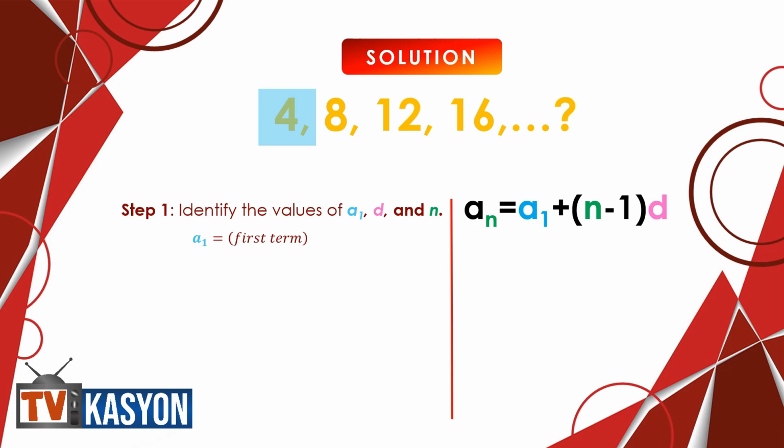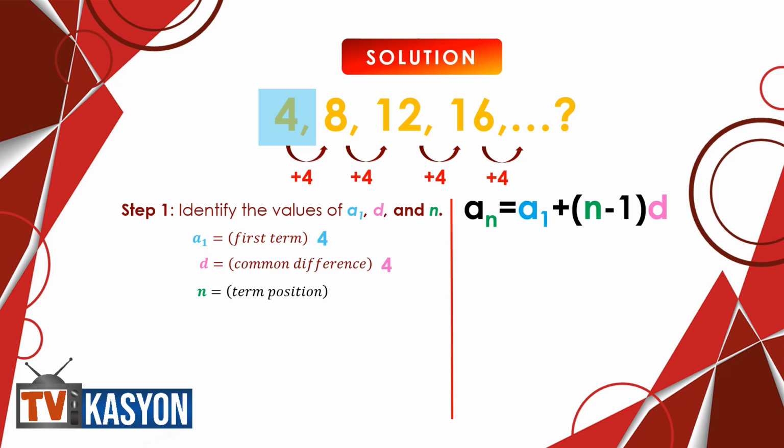And from the given, we can easily read it off, and that is 4. d denotes the common difference, which is the constant amount of change between numbers in an arithmetic sequence. Looking at the given, we can say that from 4, we need to add 4 to get to 8. From 8, we need to add 4 to get to 12. And from 12, we need to add 4 to get to 16. And so on. Thus, the common difference is 4.